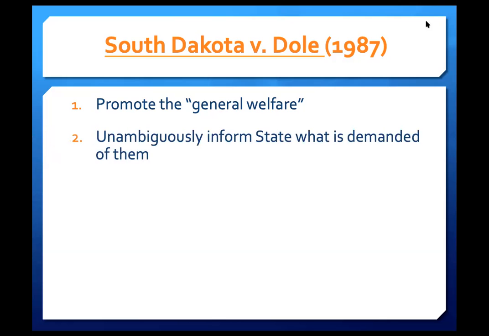It needs to unambiguously inform the state about what was demanded of them so they can accurately and fairly weigh the consequences and make a choice about whether or not they're going to go along in order to get this funding.